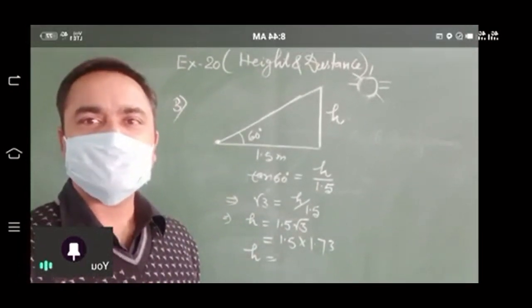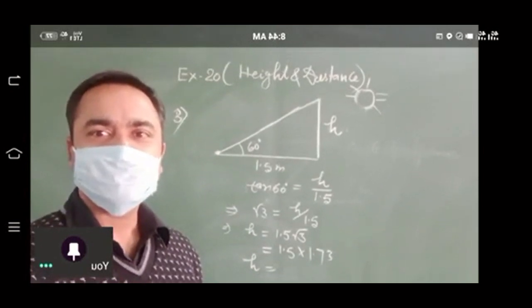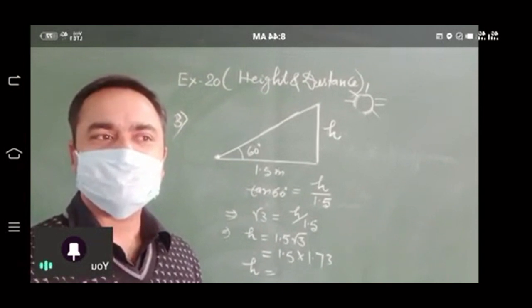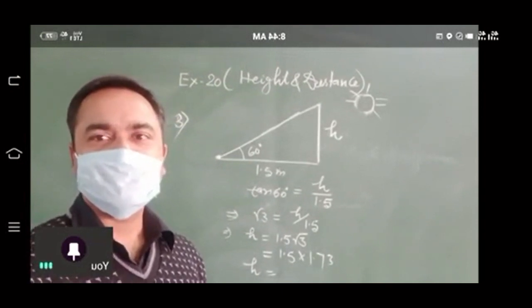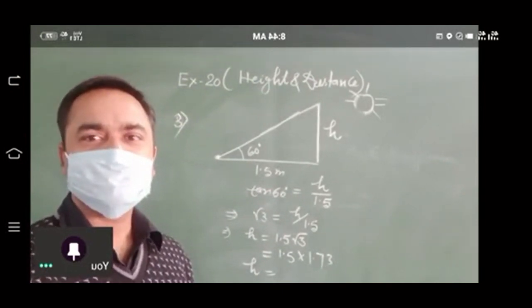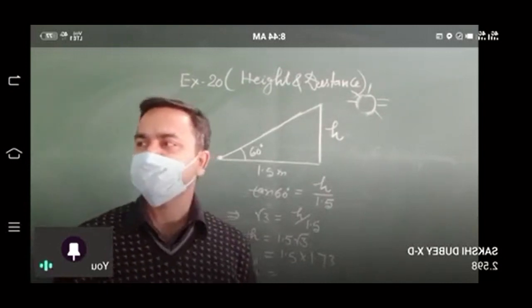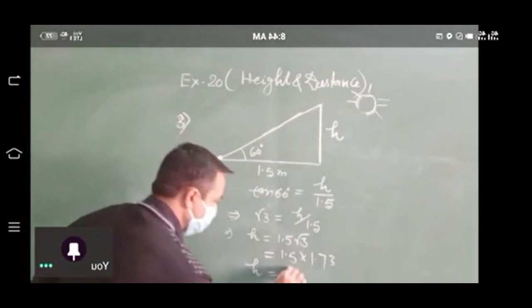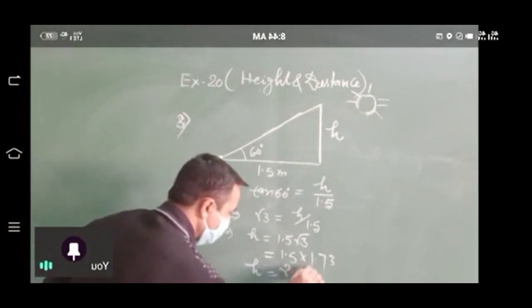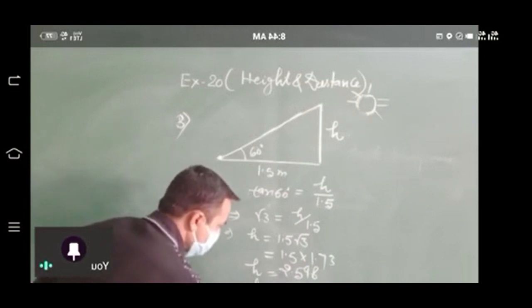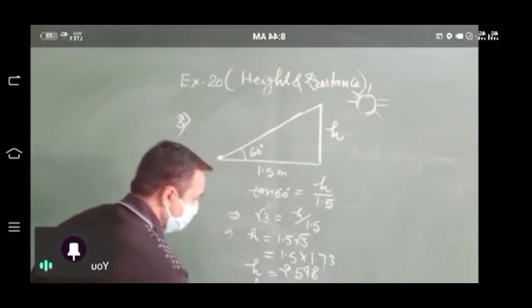Make a note, students. 2.598, and what is the answer given? Just take the approximate value. 2.598 is near about 2.6 meter by approximation.